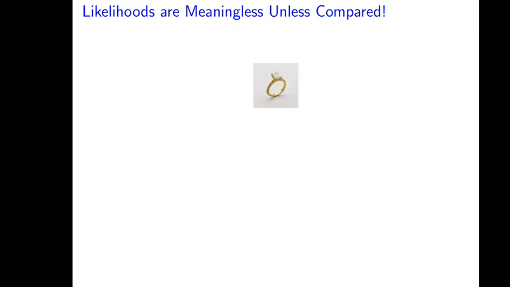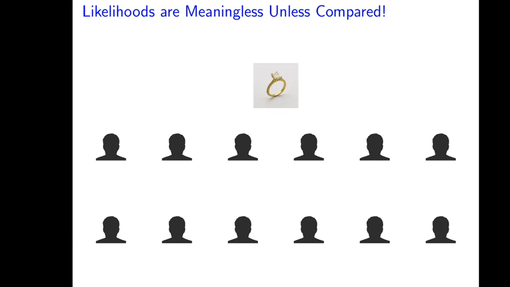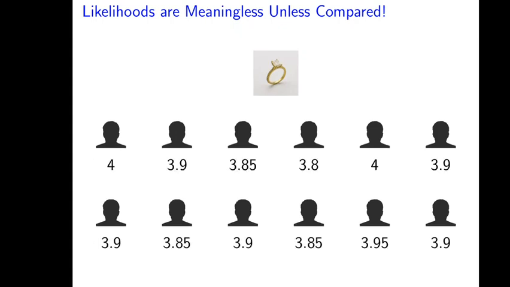Let's suppose we have this golden ring, and we have 12 different jewelers, and we give the ring to each jeweler separately and ask him or her to estimate the ring weight according to his or her experience. And suppose we got these estimations of the ring weight from the 12 jewelers.